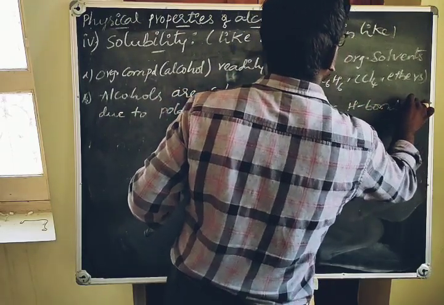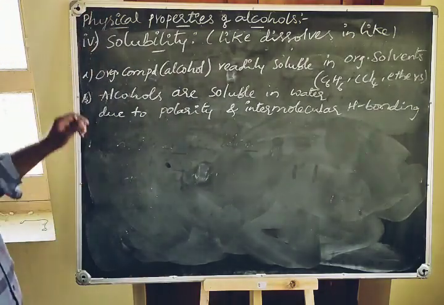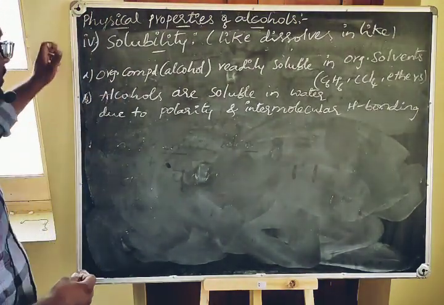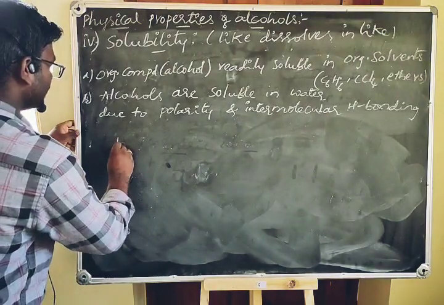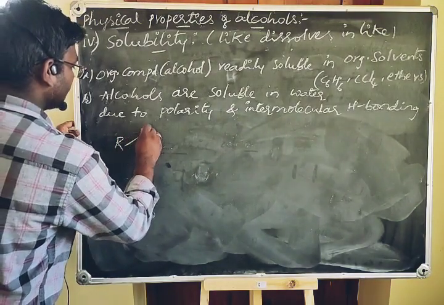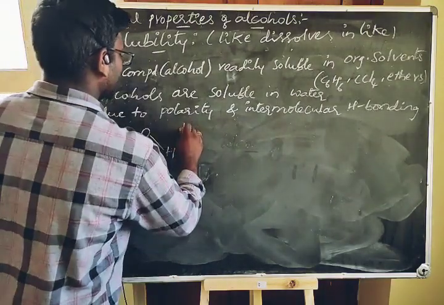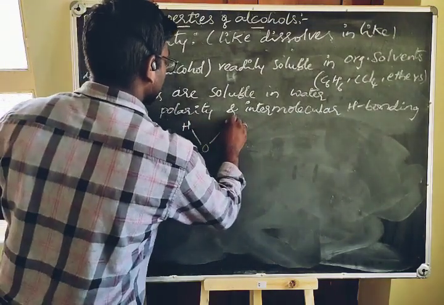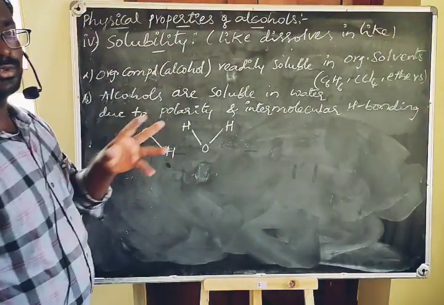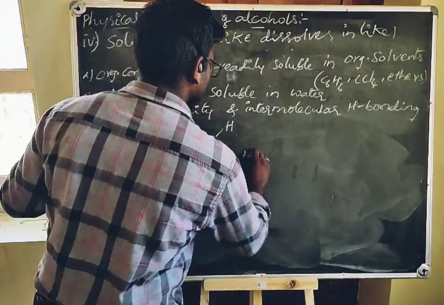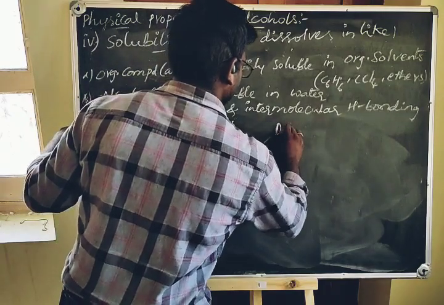Let us consider how these alcohols are soluble in water. When you take the general structure for alcohols, this is ROH, and you take the structure of water like this, and take one more alcohol structure, for example like this.